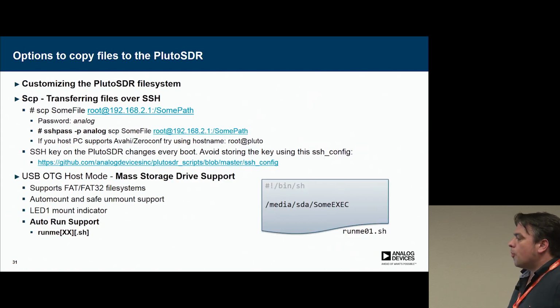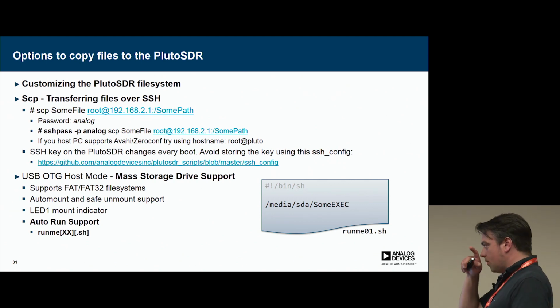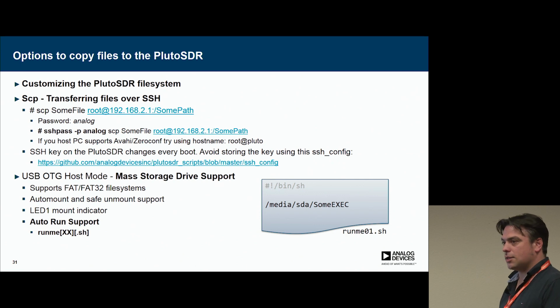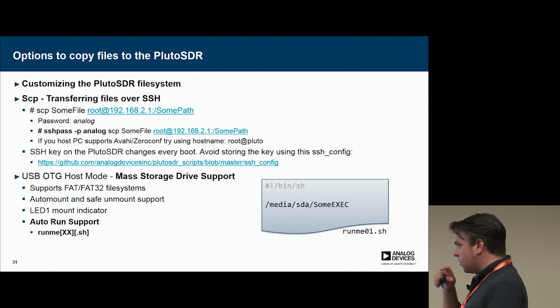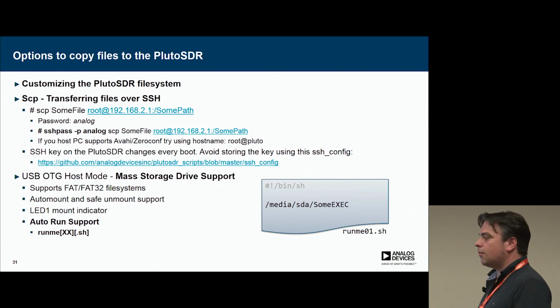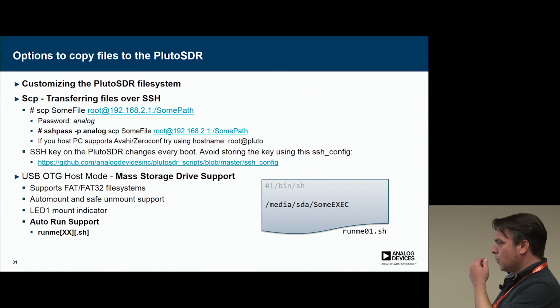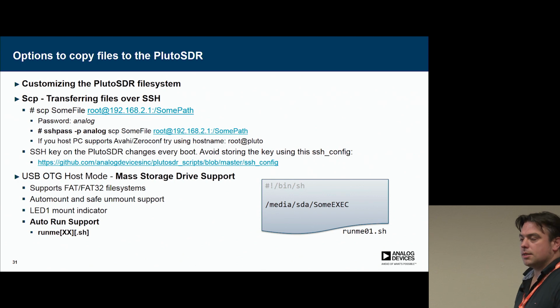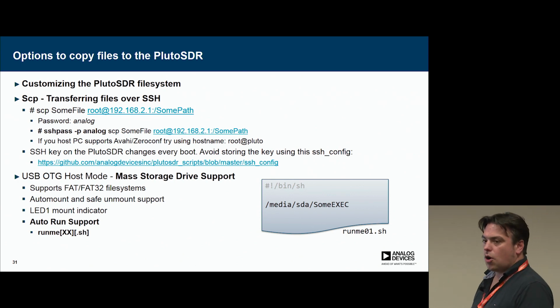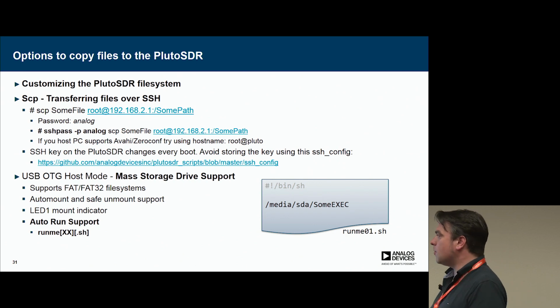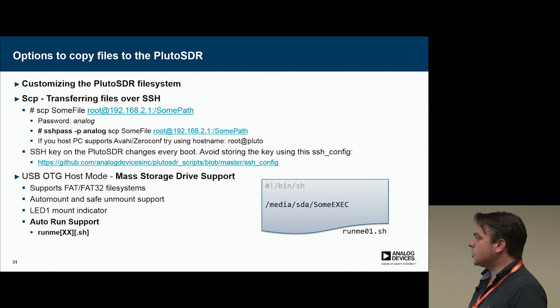So how would you copy an application over to the Pluto? The first option is to customize the file system, but then you need to reflash the firmware. That's not something you want to do always. The other option is just to use SCP. That's an SSH tool. It allows you to copy a file or a set of files over a secure connection.